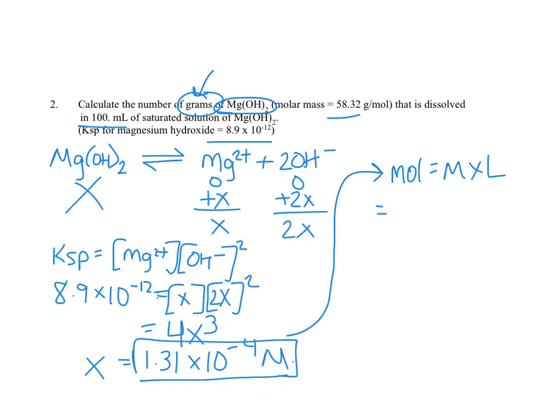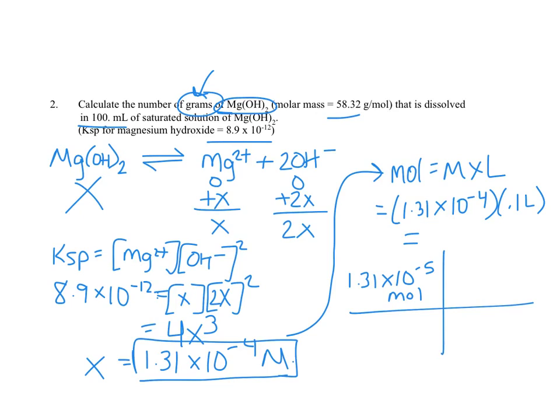So my molarity is what I calculated for molar solubility. It's 1.31 times 10 to the negative 4th. My liters, they gave me 100 milliliters. That's 0.1 liter. Make sure that you are converting that over. Don't plug in milliliters there. And that gives me, I'm going to put it right here, 1.31 times 10 to the negative 5th moles.